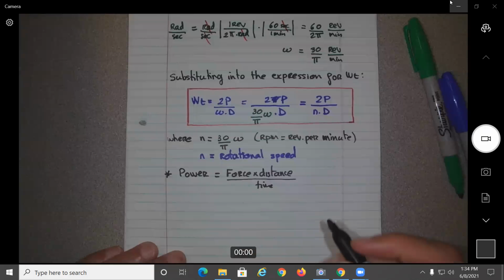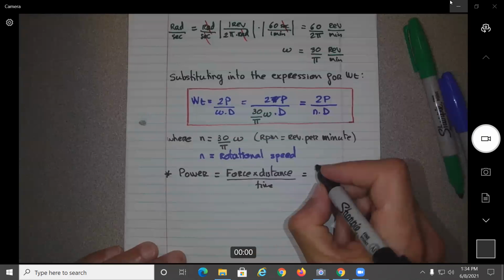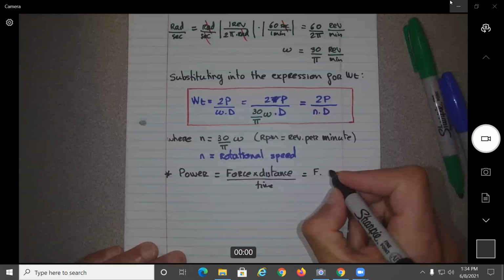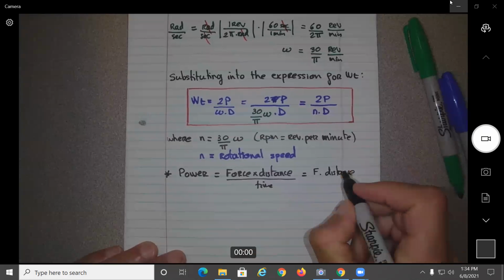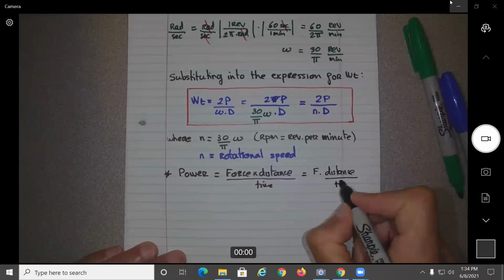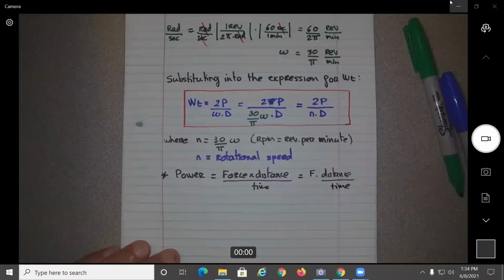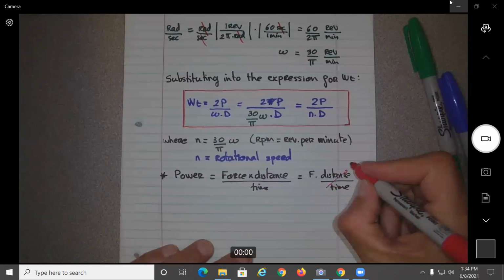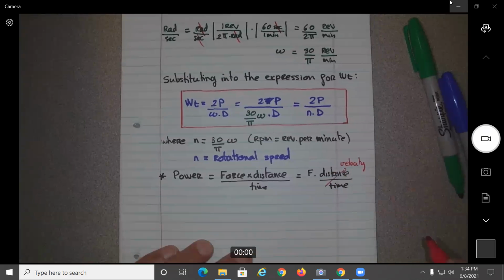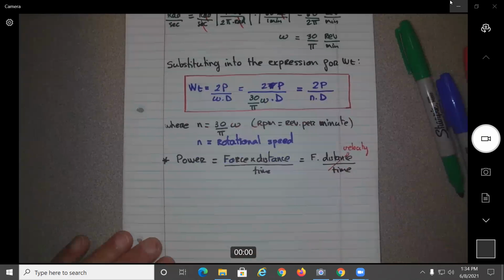So you could say that power is also equivalent to force times distance over time, which is what? Velocity.